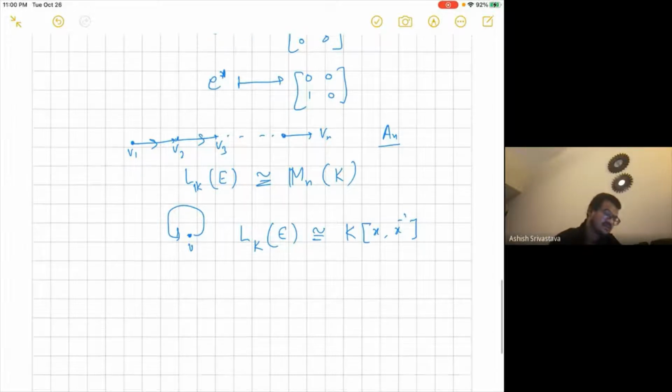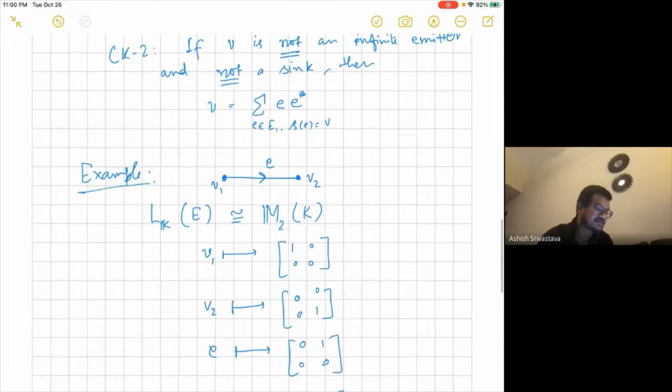All right, so this is what a Leavitt path algebra is.